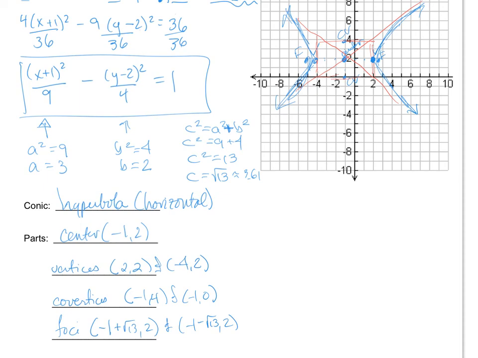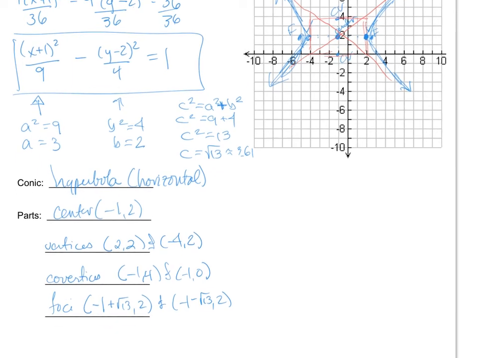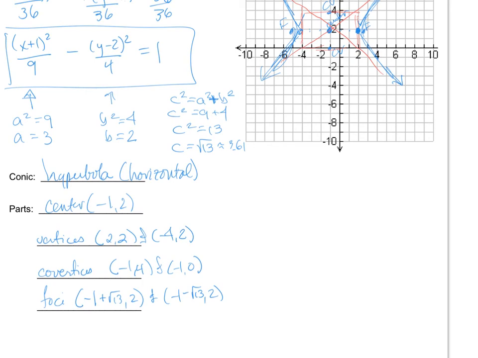What is left? Let's write the equations of the asymptotes. Now, in this case, we see that the rise is going to be the b value. The run is the a value. So that's going to give me 2/3, plus or minus.